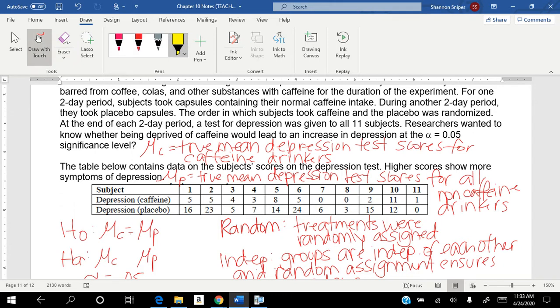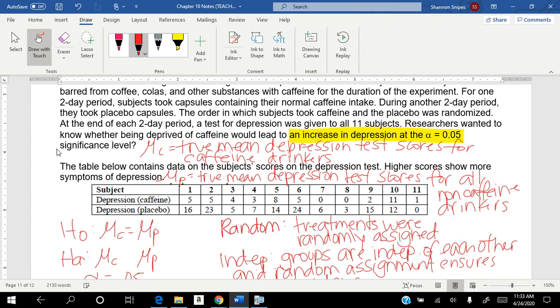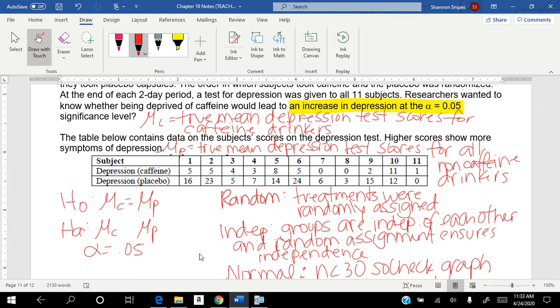Researchers wanted to know whether being deprived of caffeine would lead to an increase in depression. So that means the mean would be greater than the placebo group. So if we don't have caffeine, we would have greater depression.